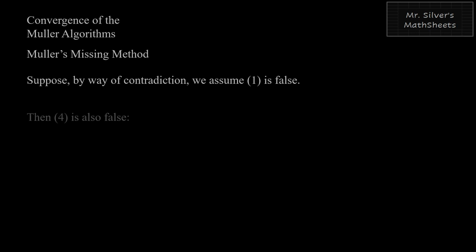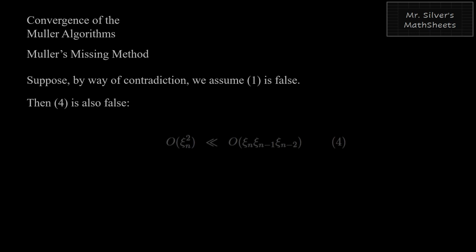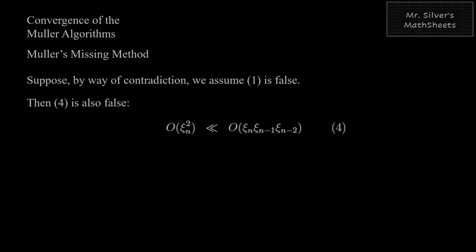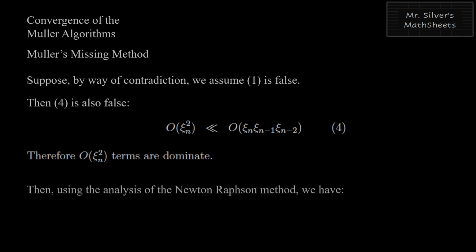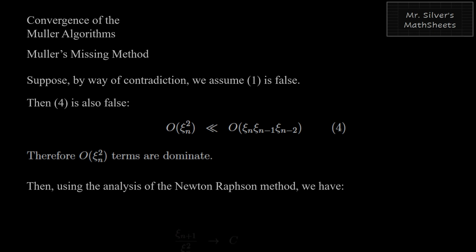So we're going to assume 1 is false. If we assume 1 is false, then multiplying by xi n, we get this expression, and that implies 4. 4 has to be false also. But that means that if 4 is false, then maybe the xi n squared terms have to be the dominant terms.